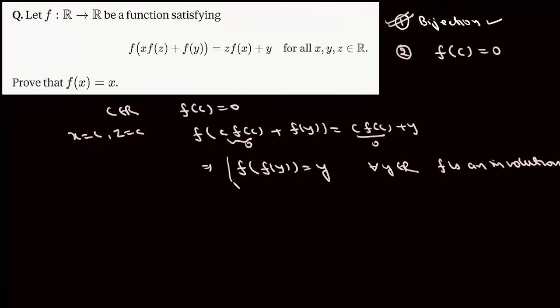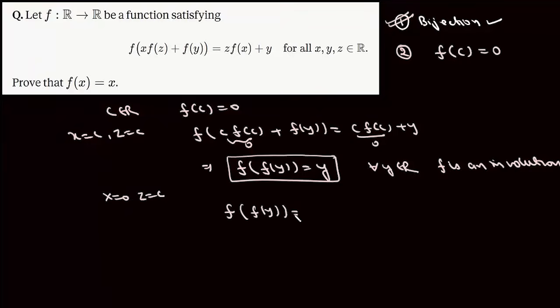Now using this involution, we'll try and prove f(0) is 0. And for that, what we'll do is, in this given equation, we'll put x as 0 and z as C. So we'll get f(f(y)) will be equal to C f(0) plus y, but we know that f(f(y)) is y.